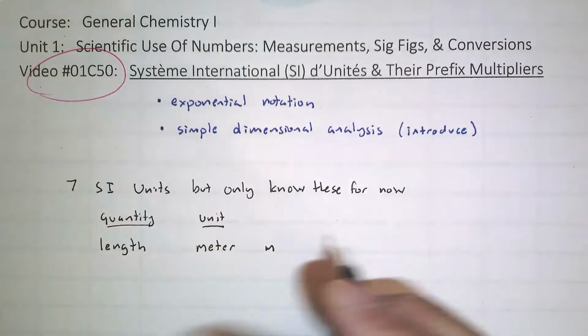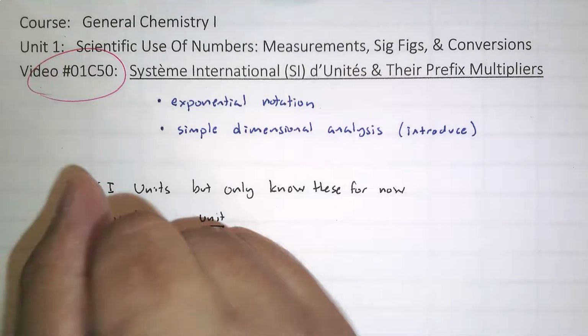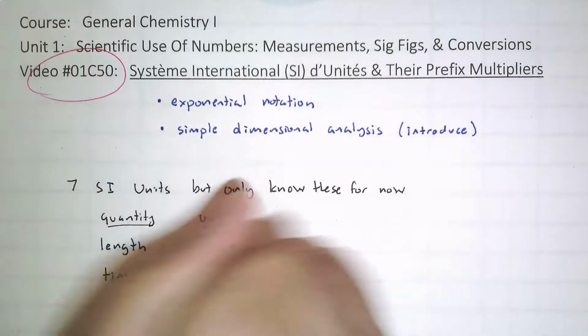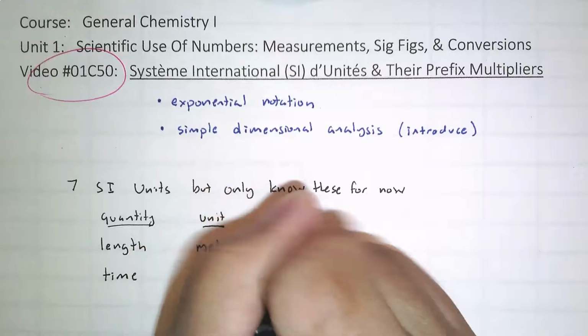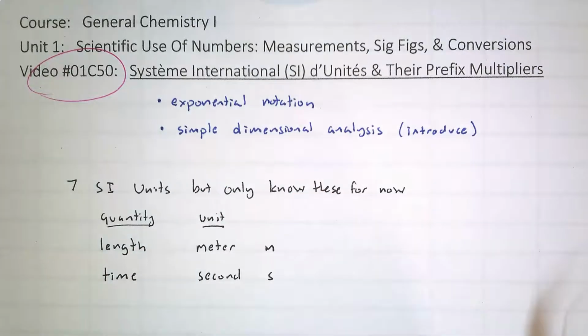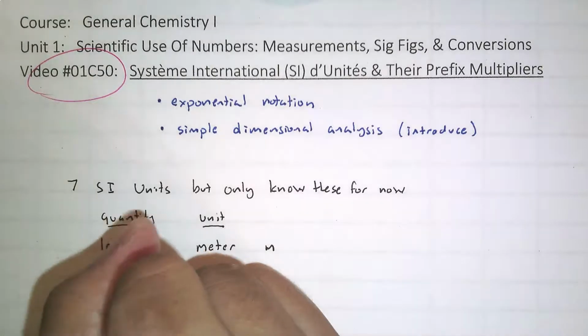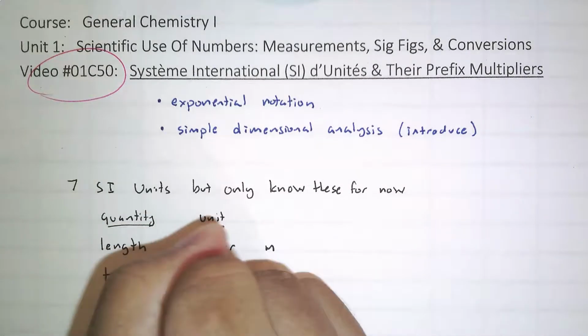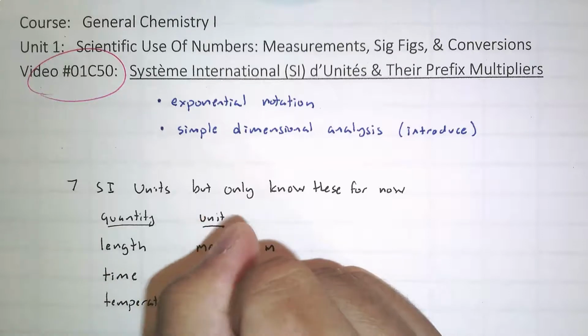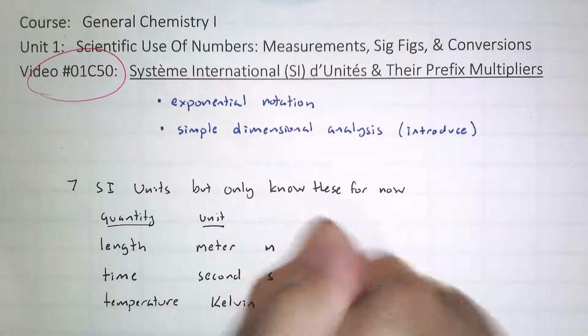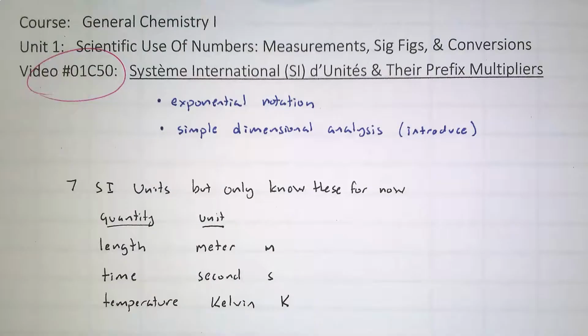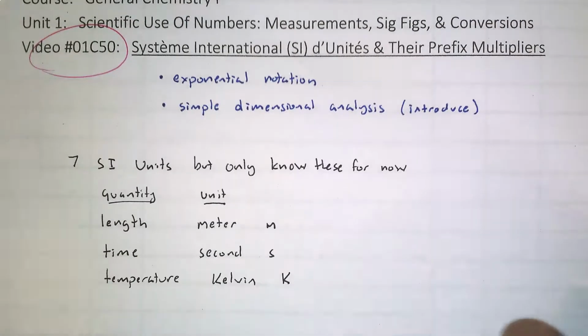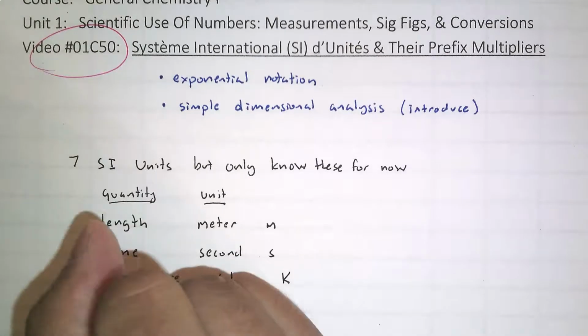The next one is time. That's the second. S. Temperature. We're going to use the Kelvin, big K. The last one for now is going to be mass.